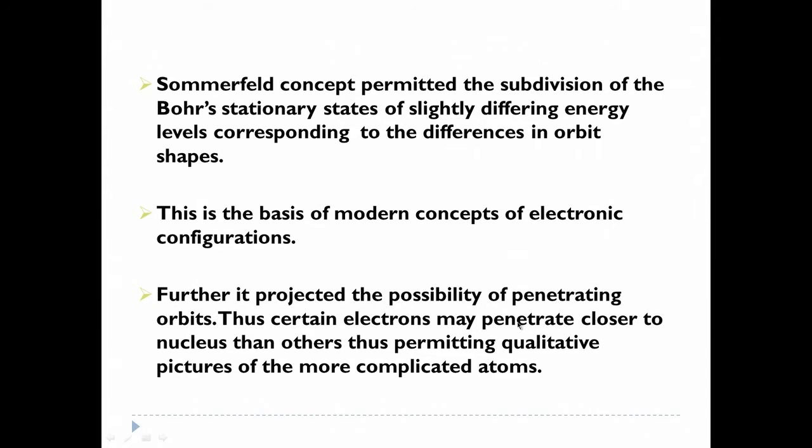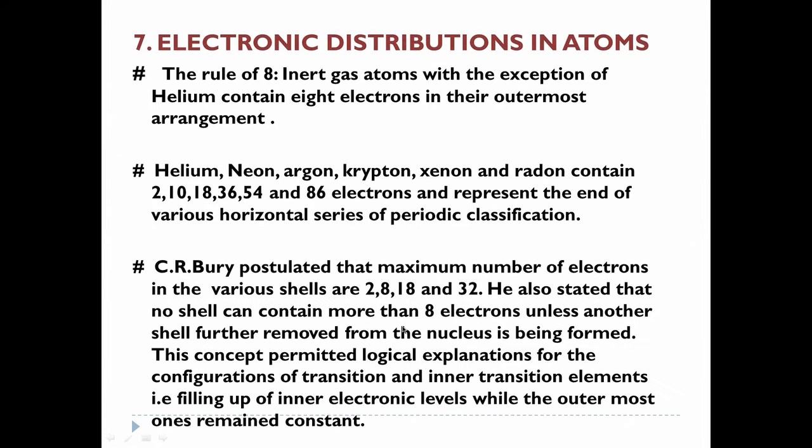But if I have an overlapping orbit, there could be a certain amount of overlapping, it could be 10%, 15%, 50%, 100%, like that. One orbit can overlap the other orbit. So, certain electrons may penetrate closer to the nucleus than others, thus permitting qualitative pictures of the more complicated atoms. Okay. So, we can summarize Sommerfeld's theory also.